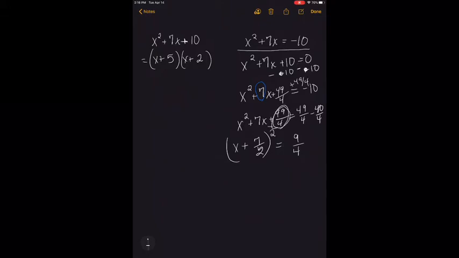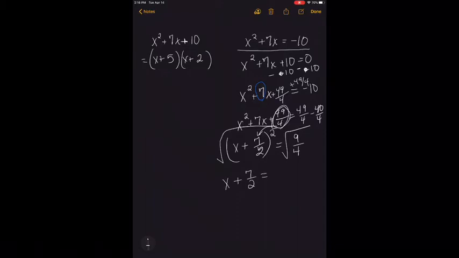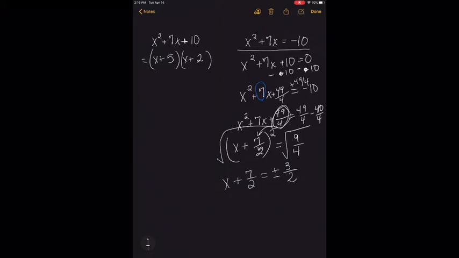Okay? So what I did was I took the square root of this, and that goes here. And it becomes a perfect square. So now we can take the square root of both sides. And when we do that, we get x plus 7 over 2 equals plus or minus 3 over 2.